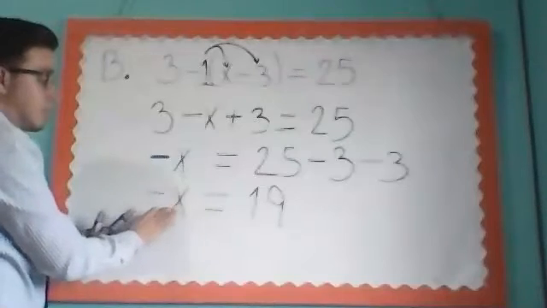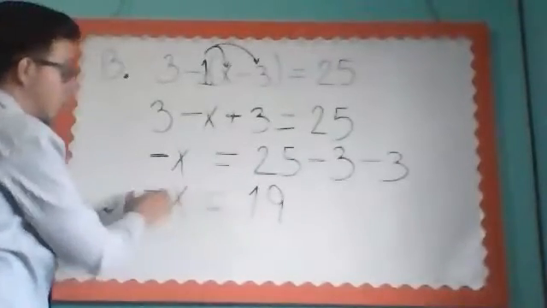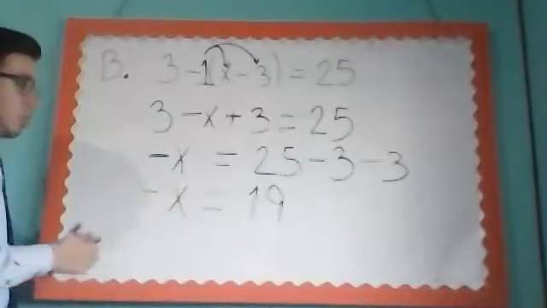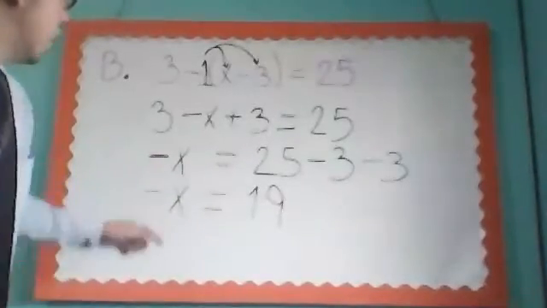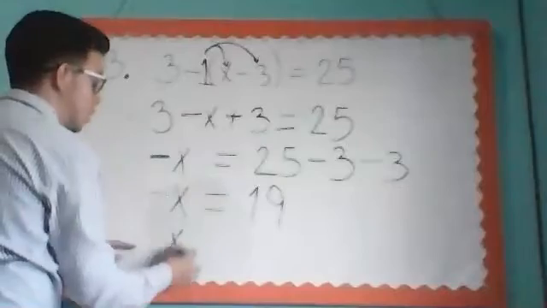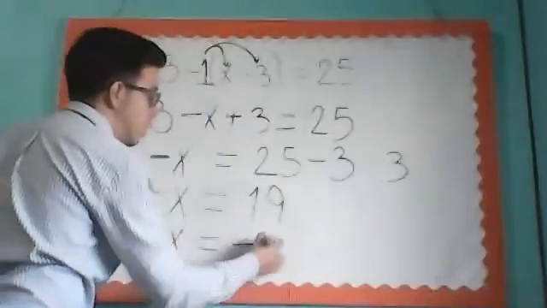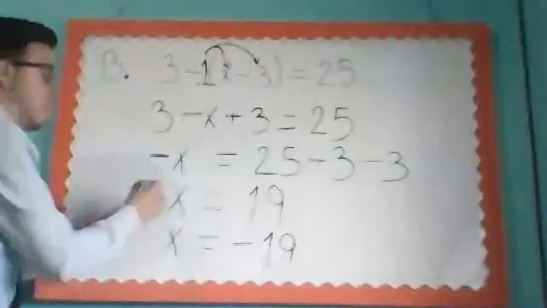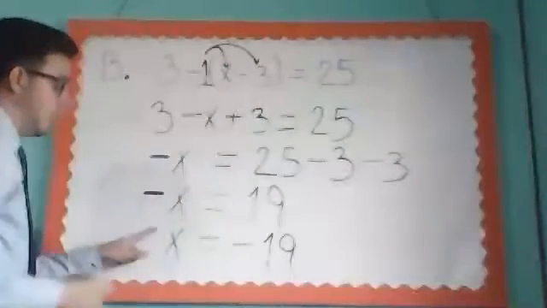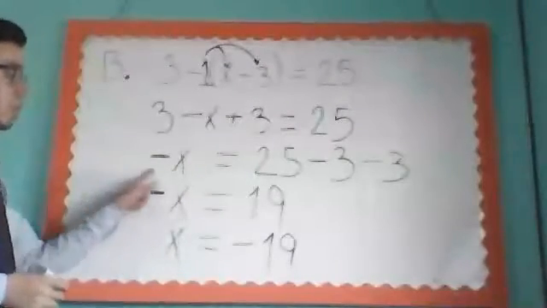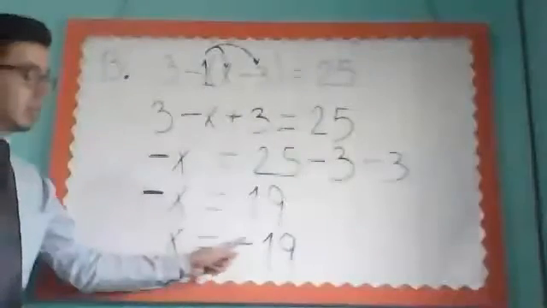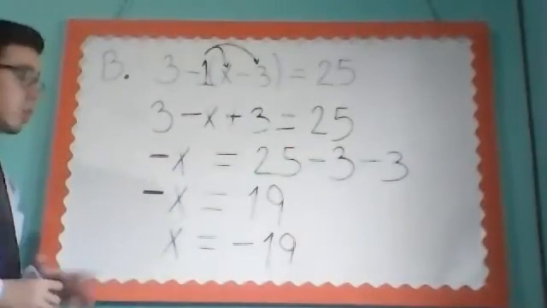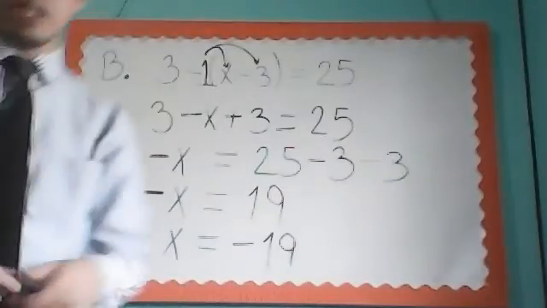So if I pass this negative 1 to divide on the other side with the negative, at the end, you have x equal negative 19. Remember, my variable has to be positive. So the negative you have, you pass it to the number you have on the other side. So x is negative 19.